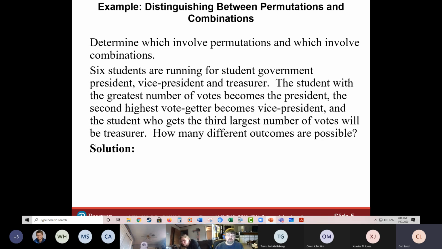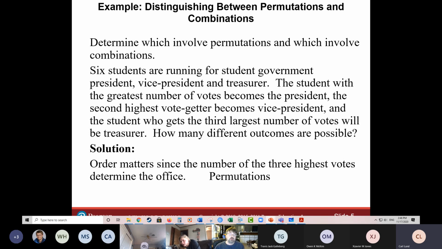How many different outcomes are possible? Here, order matters. It matters who comes in first, second, third. So this is an example of a permutation, because whether you come in first or second will determine whether you're going to be president or vice president.